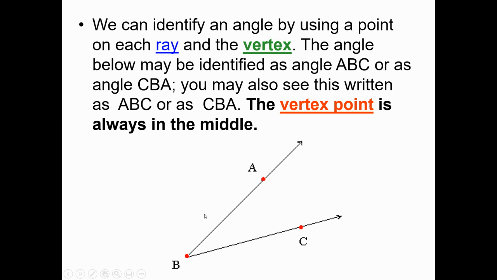So the angle below can be identified also as angle ABC, or it can be CBA. Because this ray, AB, met with CB and they share the vertex B, this whole angle's name is angle ABC or CBA. Both of those would be correct. Now, the vertex always is in the middle, okay?